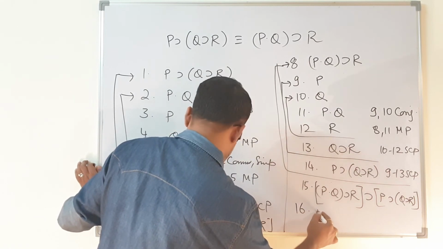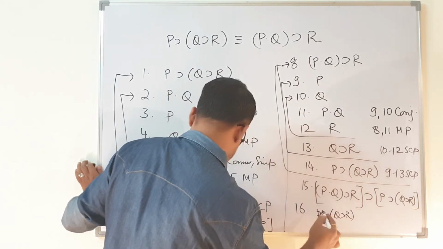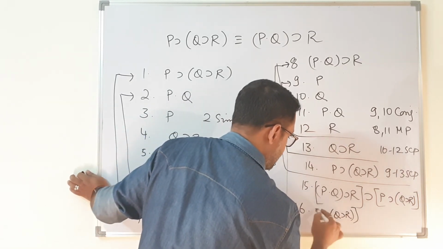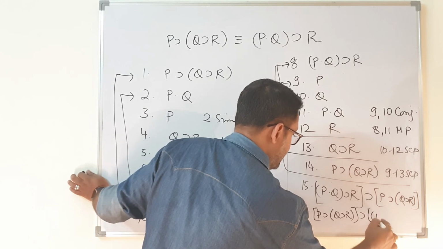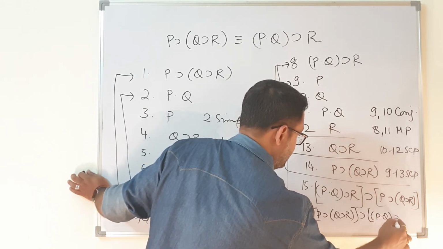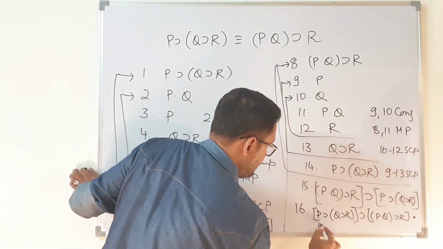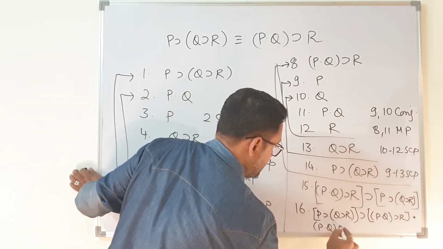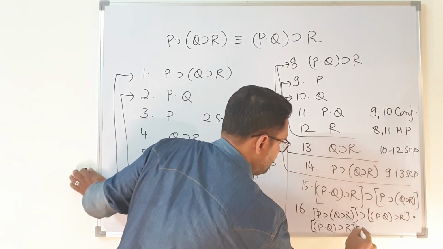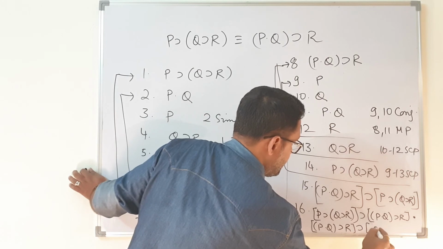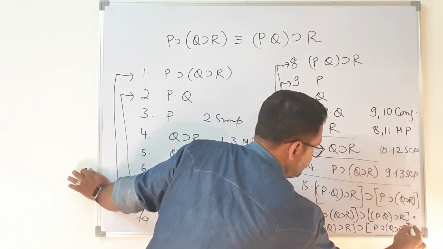So this will be P implies Q implies R, implies P dot Q implies R, and P dot Q implies R implies P implies Q implies R, right?